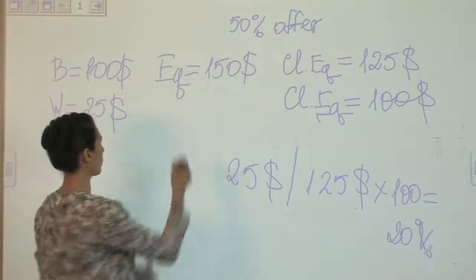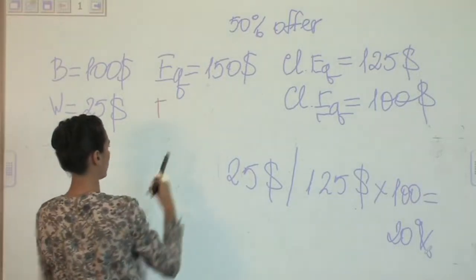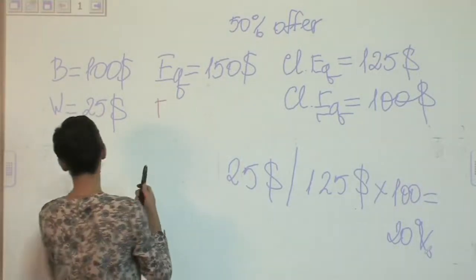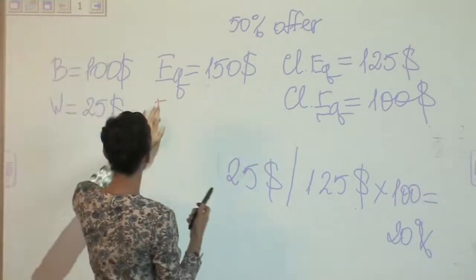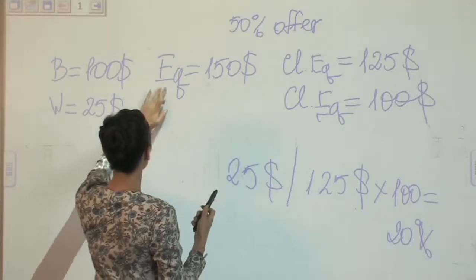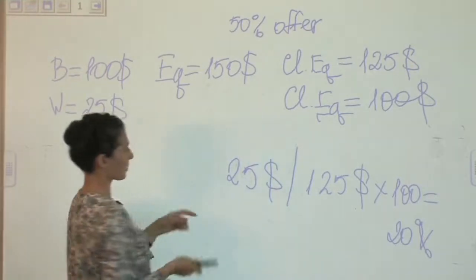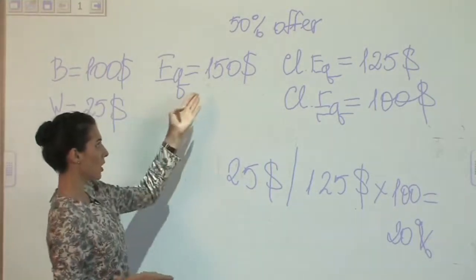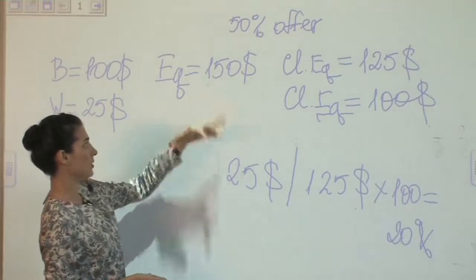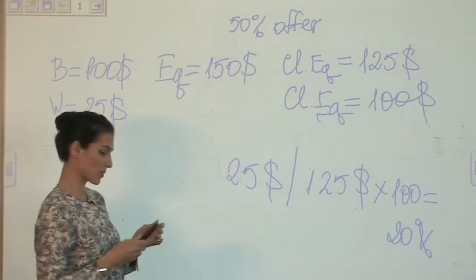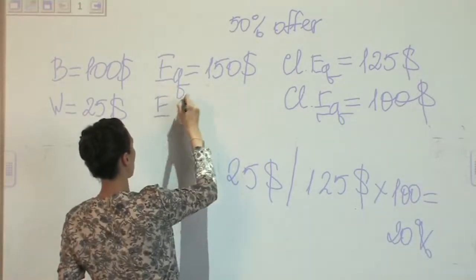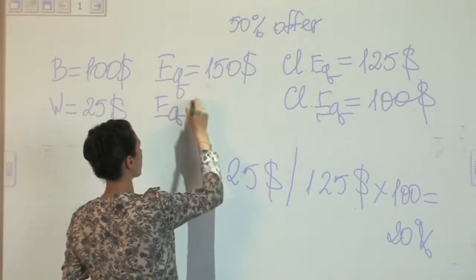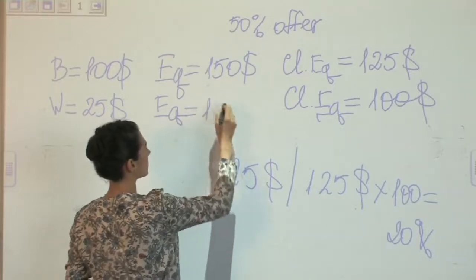Here we will have $120, because 20% from 150 is $30. So equity after withdrawing is $120.